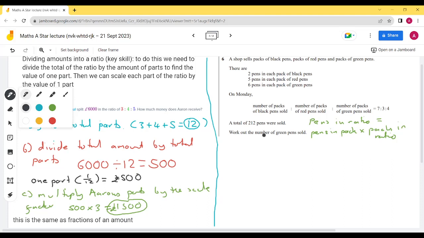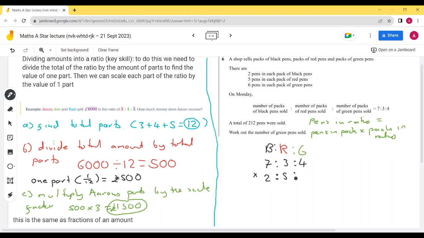So in effect, we've got to make ourselves a ratio here to get to pens, because our ratio of packs is not of pens. If we do black to red to green, we know we've got the ratio 7, 3, 4, but we've got the pens per pack, so we need to multiply by 2, 5, and 6.